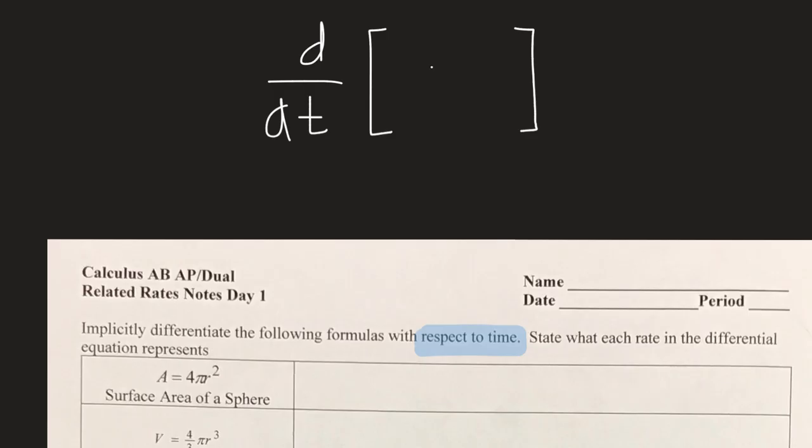So anytime we take the derivative of, say, an x, maybe like 3x, just like with implicit differentiation, we are always going to have an x prime, right? The derivative of 3x is just 3, but then we have this x prime business. Now, they're not going to call it x prime.